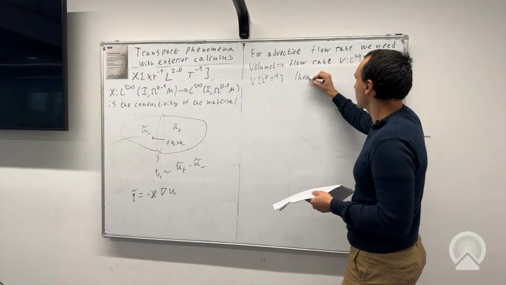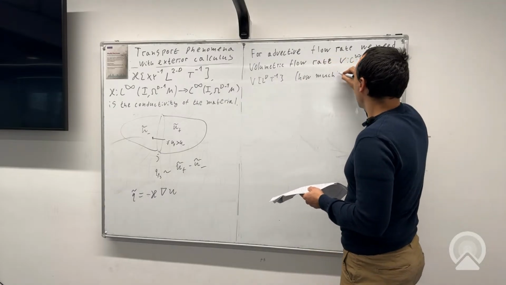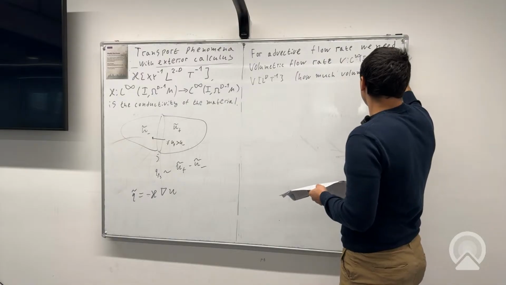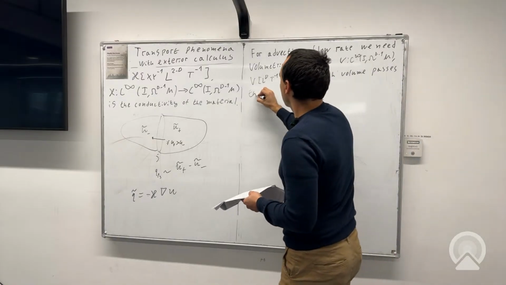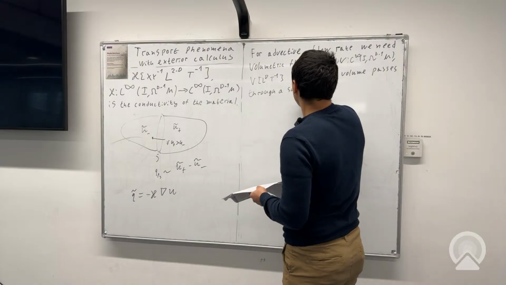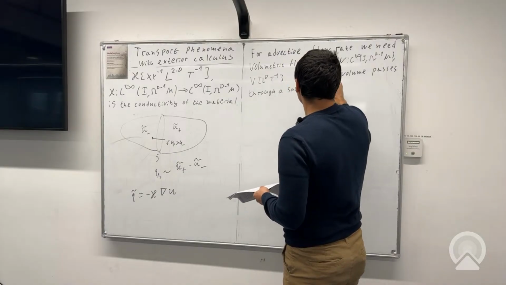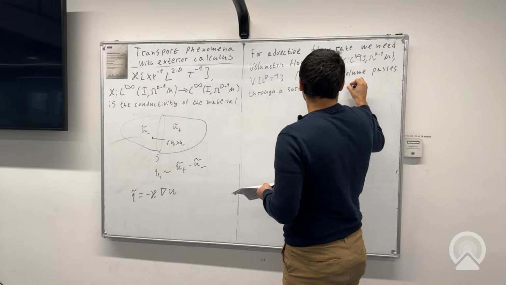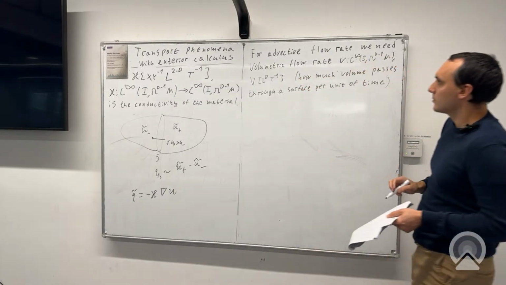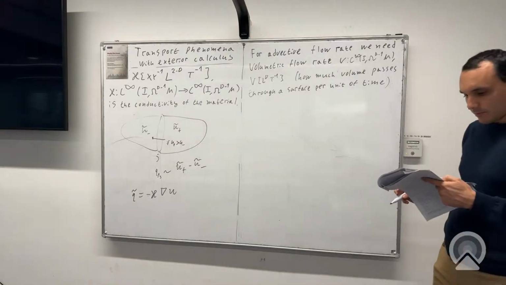So how much volume passes through the surface per unit of time. Okay, this is what it is.